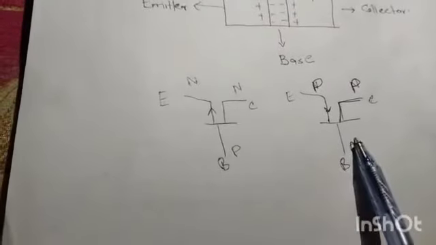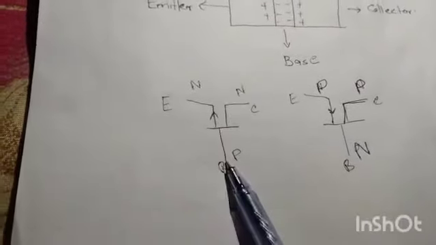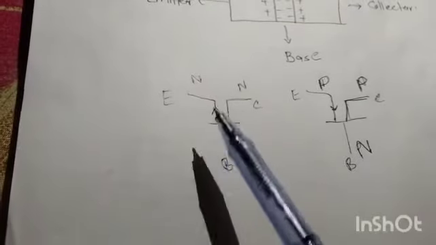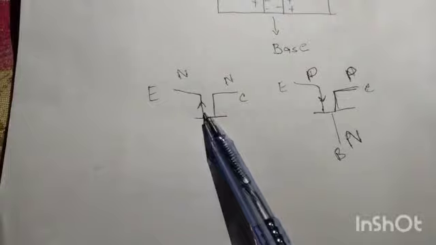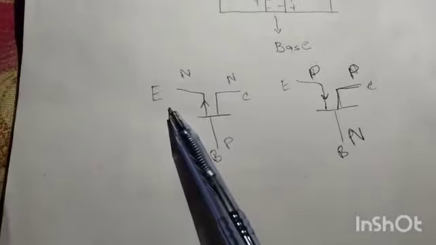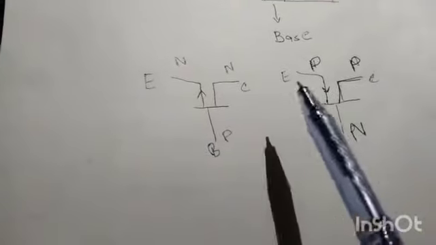The symbol for NPN and PNP transistors is the same, but the difference is only the arrow. This arrow shows the direction of current. In case of an NPN transistor, the direction of the arrow is towards the emitter, but in case of a PNP transistor, the direction of the arrow is toward the base.